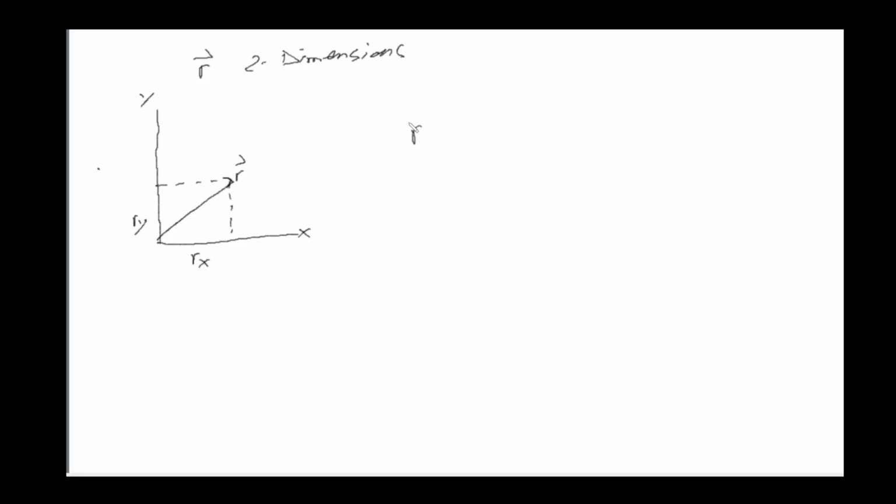So the value of r is actually equal to rx i plus ry j. And from the Pythagorean theorem, we know that r squared is equal to rx squared plus ry squared, or the magnitude of r is the square root of rx squared plus ry squared.